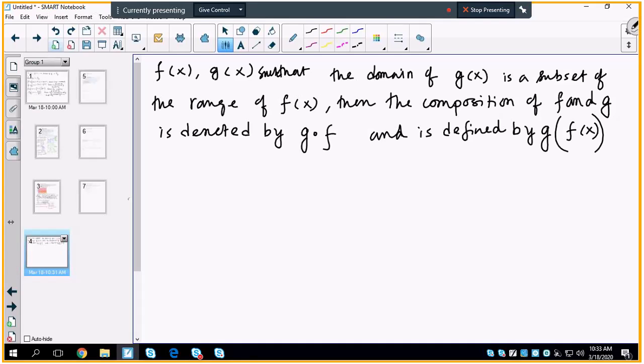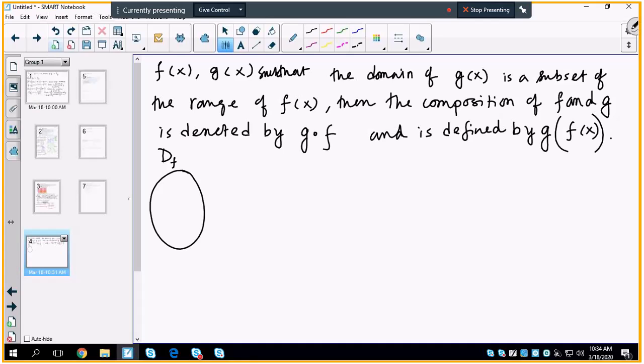Let's try to understand in our application terms. How would we use the definition of composition of two functions to understand functions better in our class? Well, think about a function f first. So this is the domain of the function f.